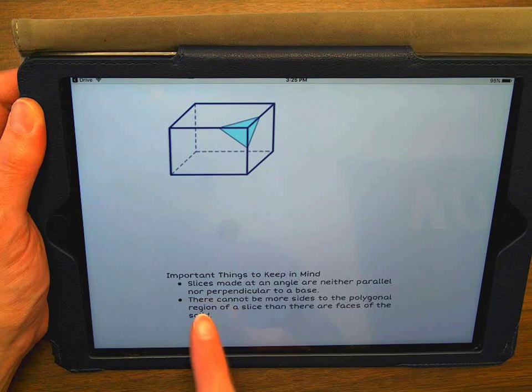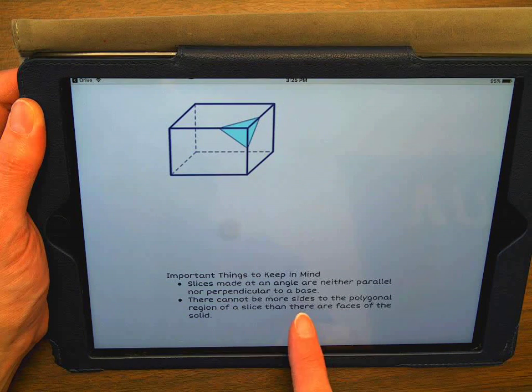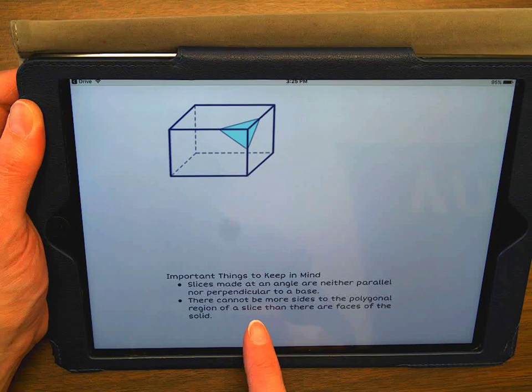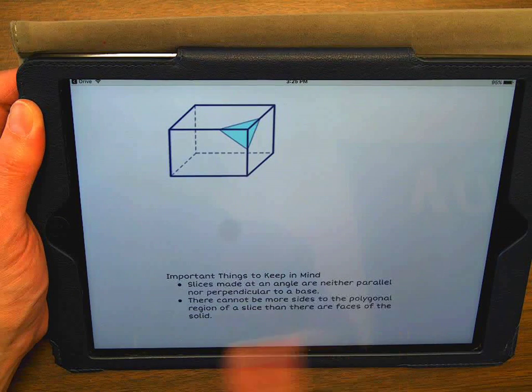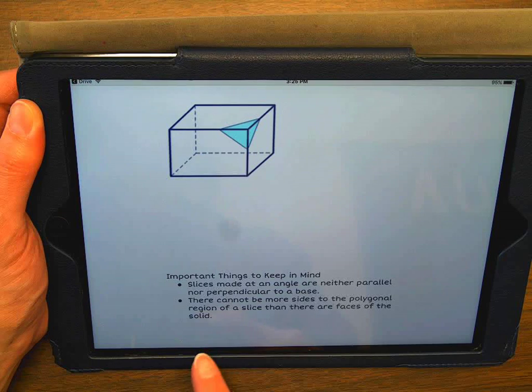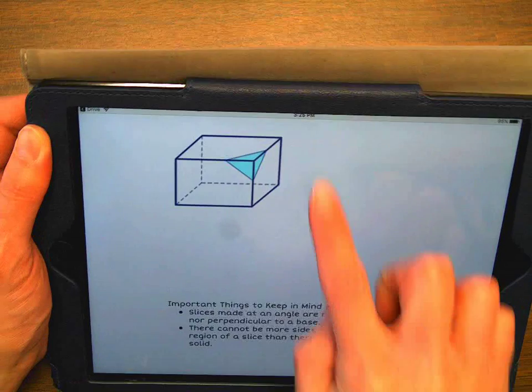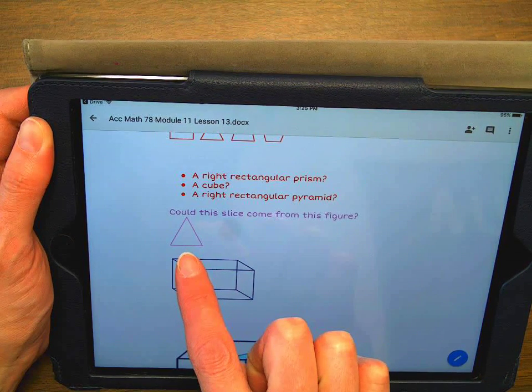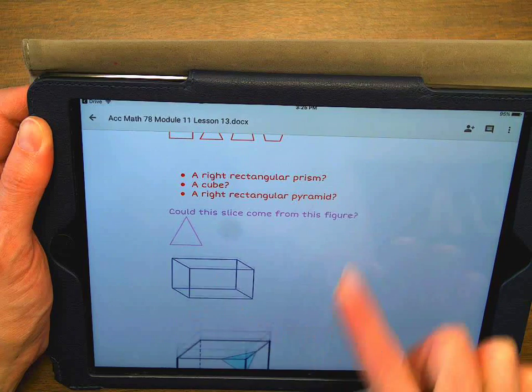What we're learning right here is there cannot be more sides to a polygonal region of the slice than there are faces of the solid. So what that means is if you took your slice and then you counted the number of sides the slice has, so let's look at this slice right here. How many sides does that slice right there have? If you said 3, you're correct.